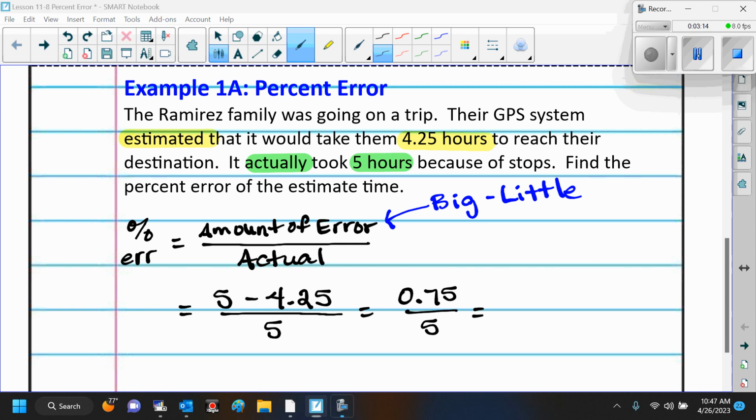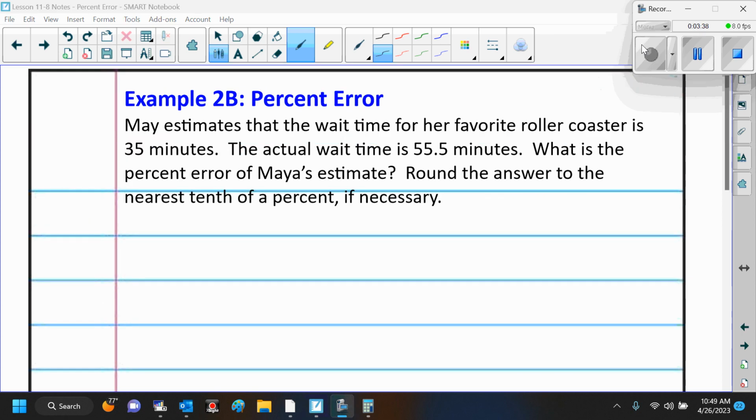Good. So when we do this division, that gives us 0.15. Then we move the decimal and add the percent sign. So this is going to be a 15% error. Make sure you label your problem. Is everybody clear?